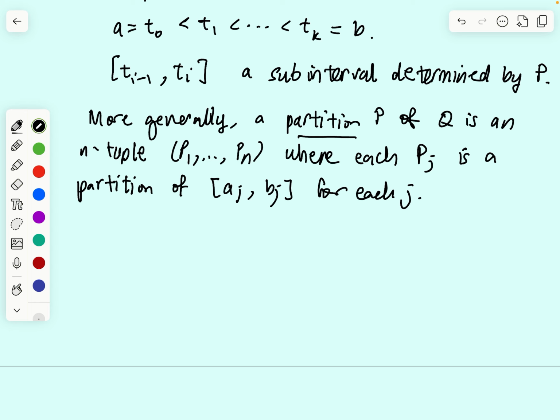Now we can use the partition to define subrectangles.